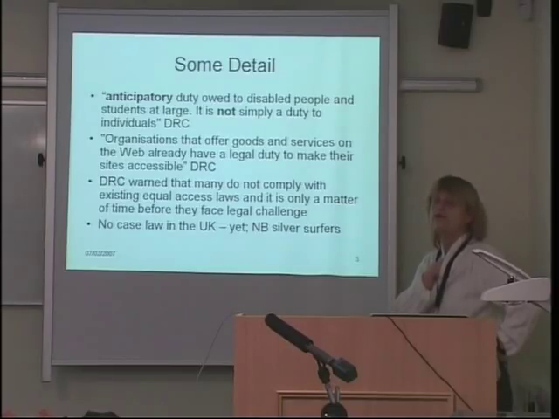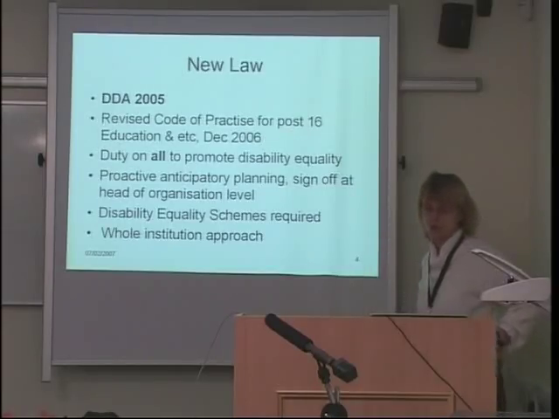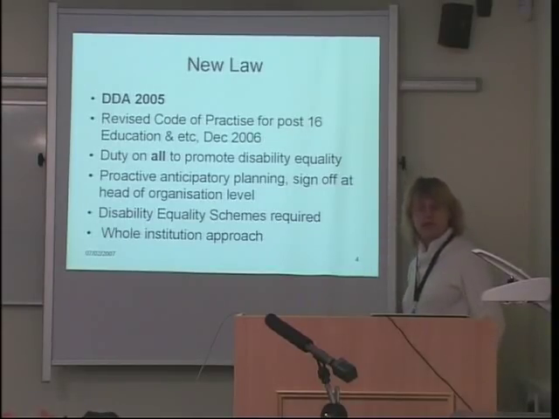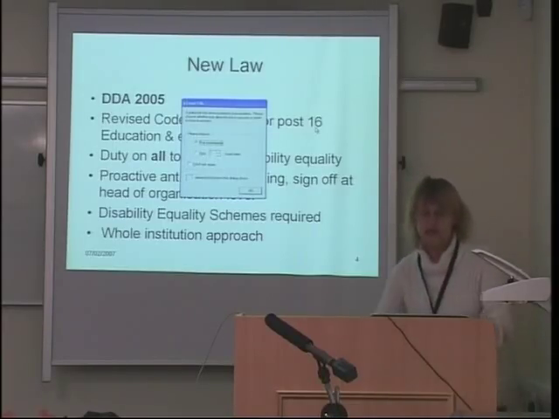And there are plenty of older people who are enthusiastically using the web. So that's another quite large group that hopefully will bring some weight to bear on forcing people to implement this law. There was a new Disability Discrimination Act in 2005.